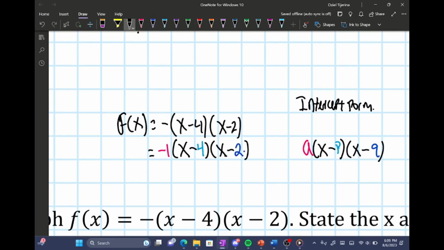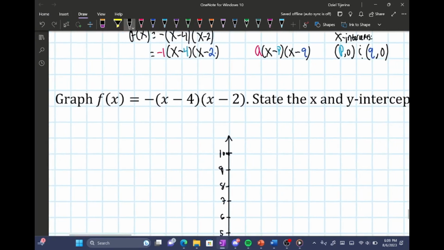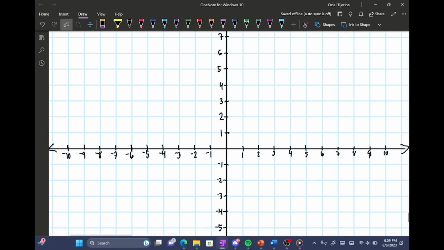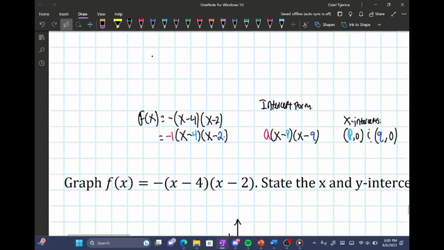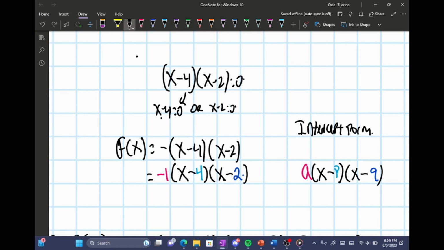If I look at these two x-intercepts, when I solve x minus 4 times x minus 2 equals 0, I can use the zero product property: x minus 4 equals 0, or x minus 2 equals 0. Then I add 4 to both sides here, I get x equals 4, and I add 2 to both sides here, and I get x equals 2.